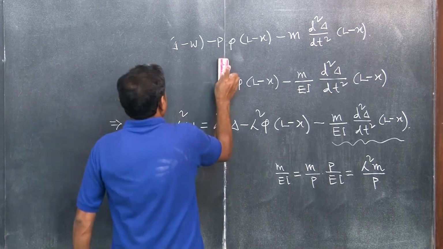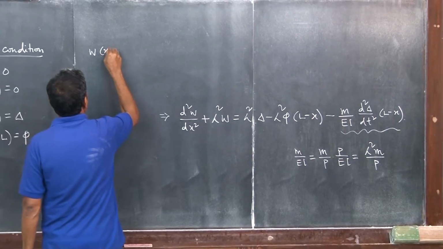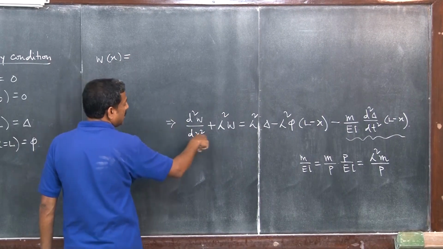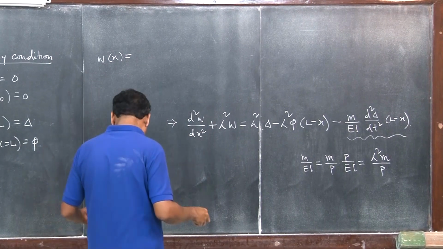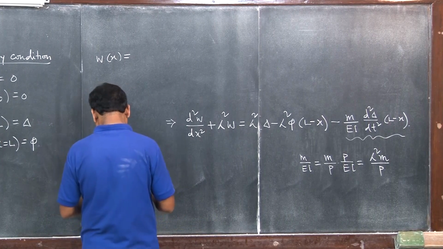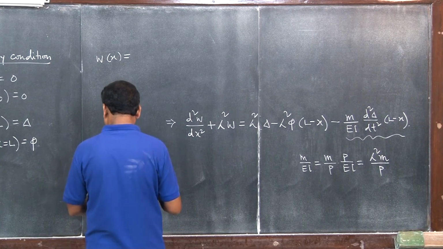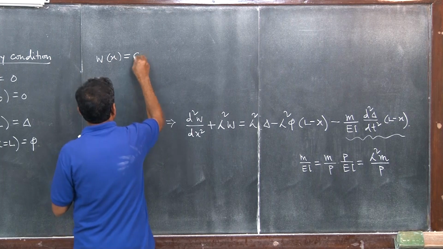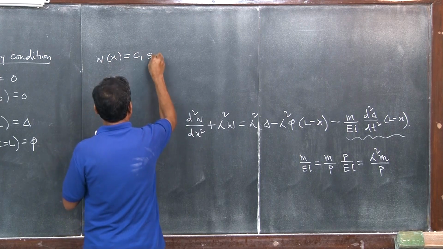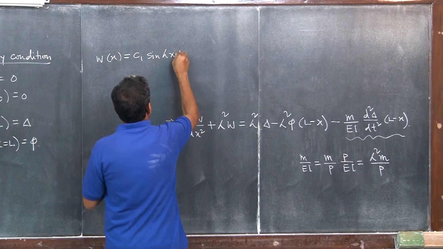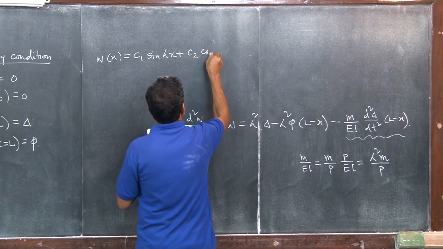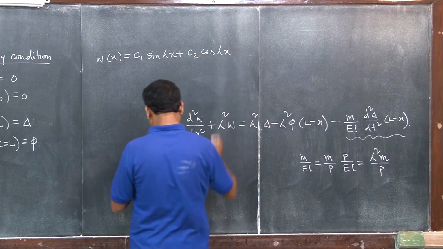The solution will be the complementary function and the particular integral. Once again, the complementary function will always be cos and sin, right. Let me write C1 sin lambda x plus C2 cos lambda x.